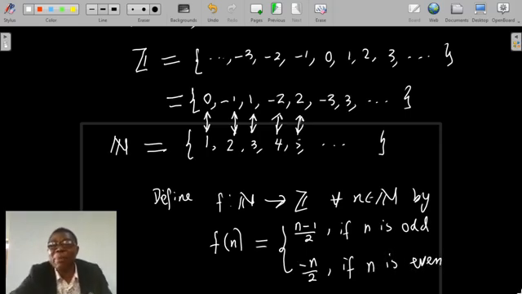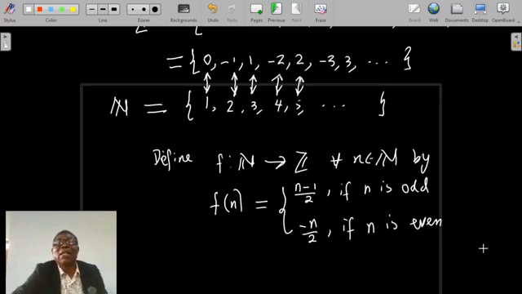If I define this map, you'll find out that this picture depicts this map. Because when n is 1, which is an odd number, you observe that f of 1 will give us 1 minus 1 over 2, which is 0. And when n is 2, I have f of 2, which will be minus 2 over 2. That will give me minus 1.